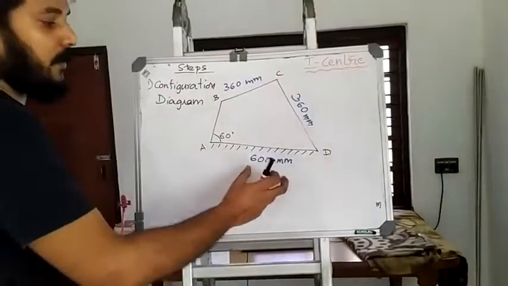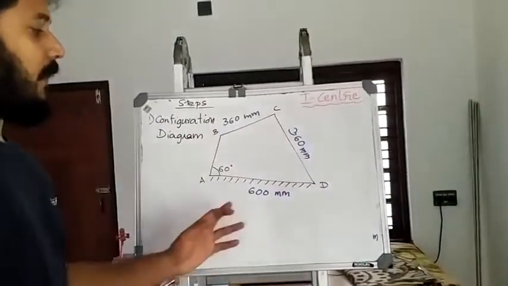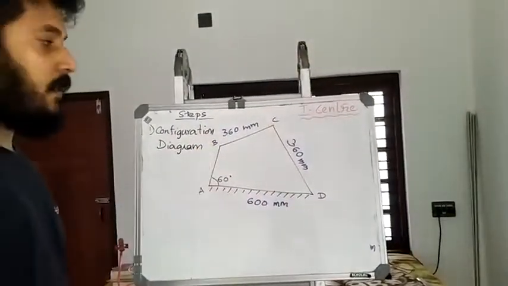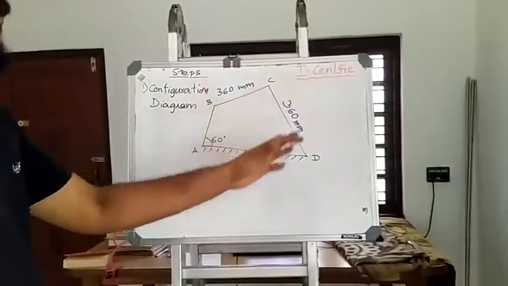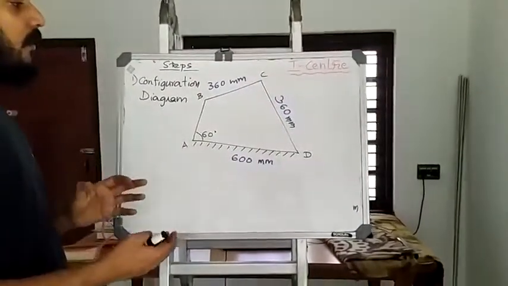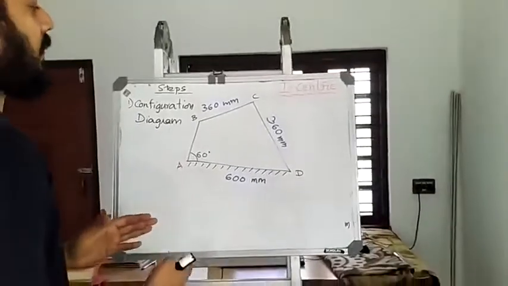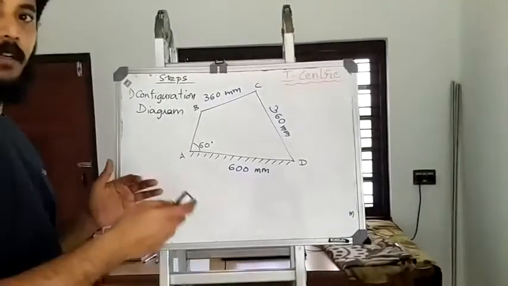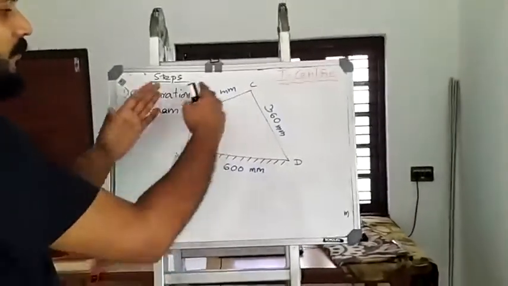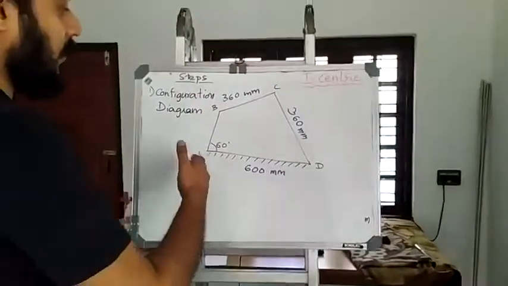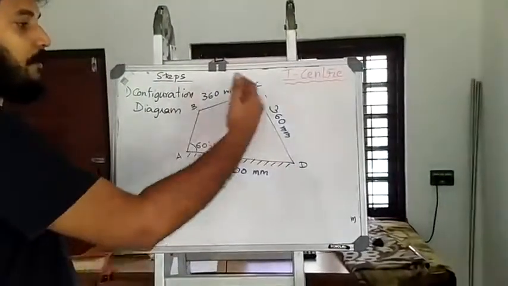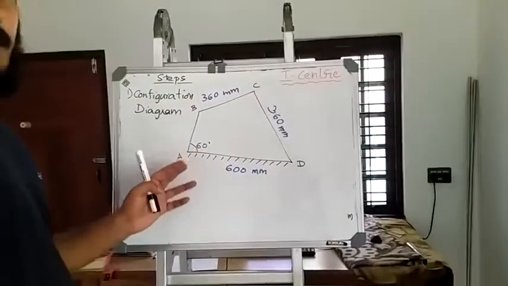The given lengths of links are in a millimeter scale. So we have to scale it to a convenient value, and then draw the schematic representation of the given kinematic chain first.